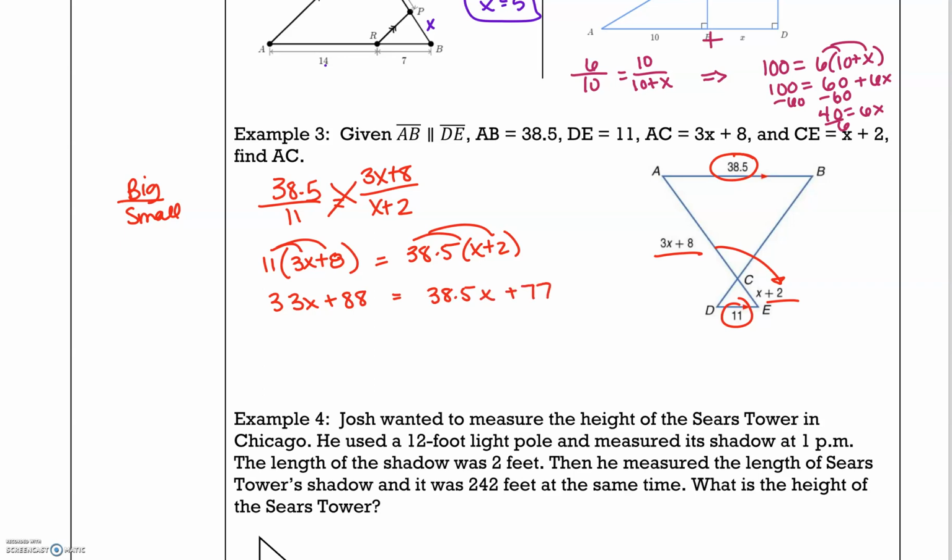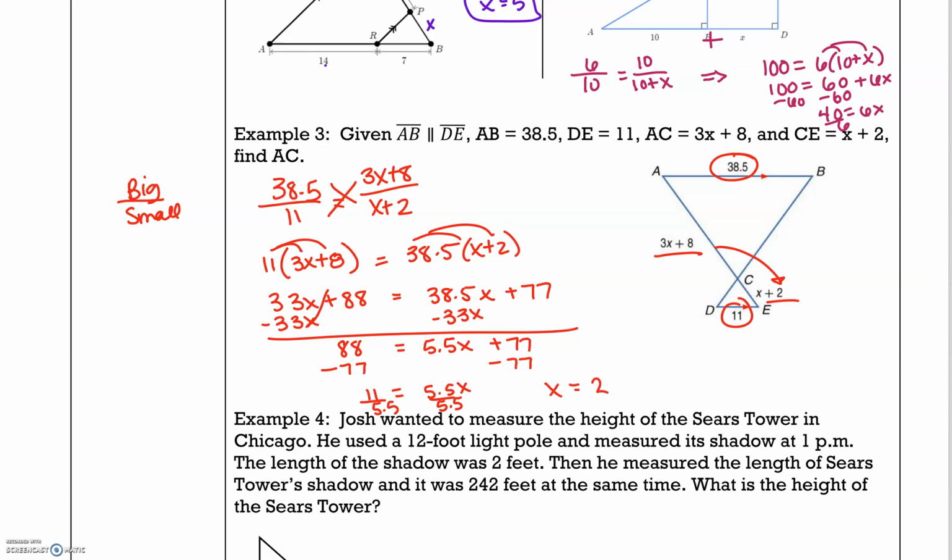And then let's go ahead and subtract our 33x. 88 is equal to 5.5x. And divide. So x is equal to 2.